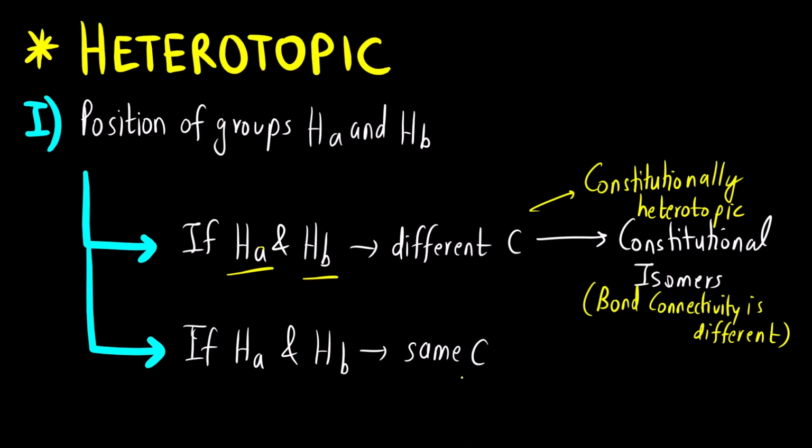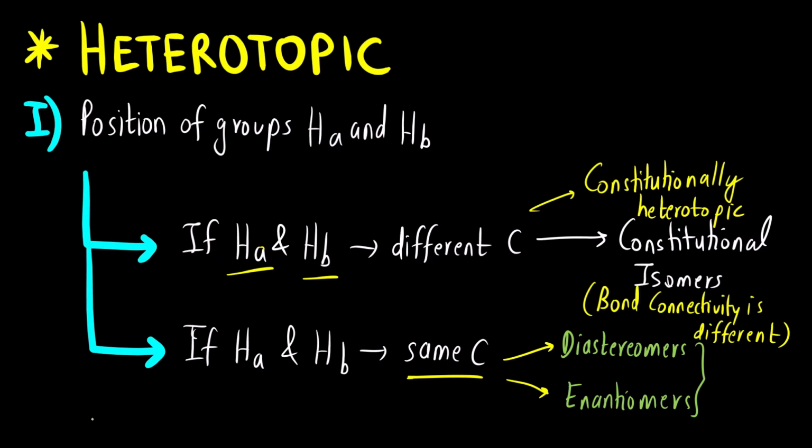Next is if HA and HB are present at the same carbon. Here they can be of two types. The relation between them can be diastereomers, or it can be enantiomers. And what are these diastereomers and enantiomers?